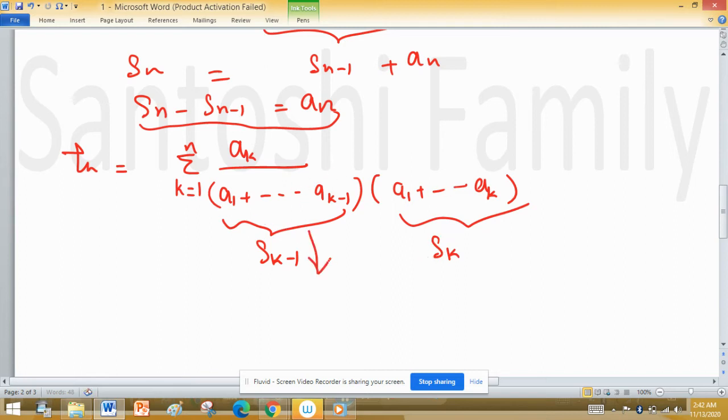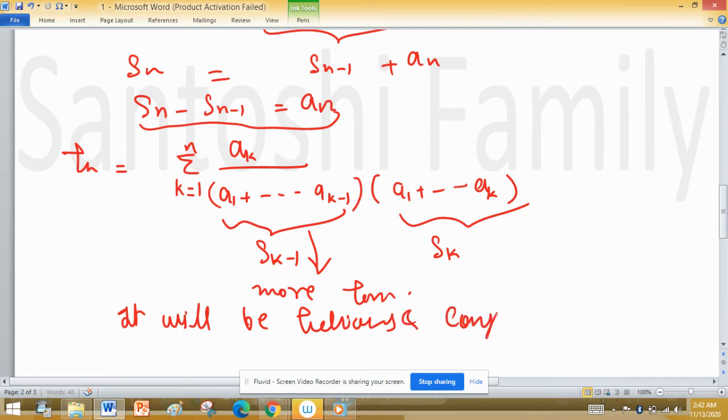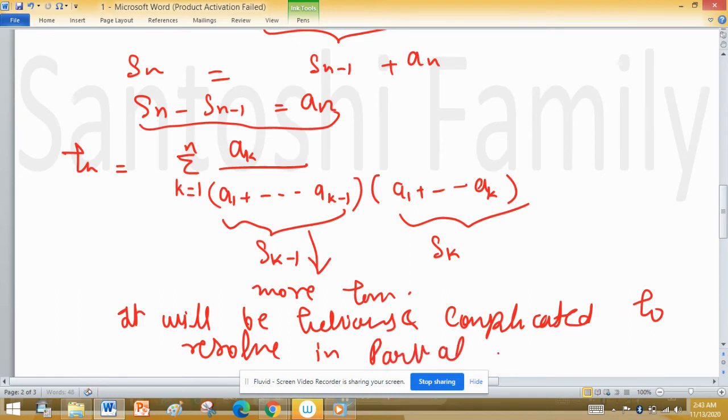As these brackets contain more terms, it will be tedious and complicated to resolve into partial fractions. So instead of using the sum of a1, I just replace it and keep sk minus 1 and sk.